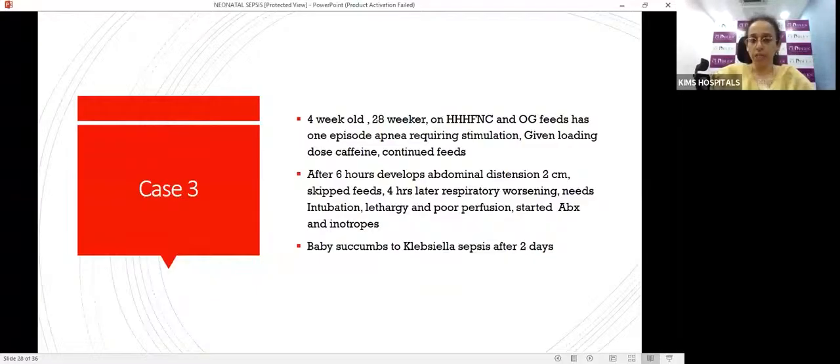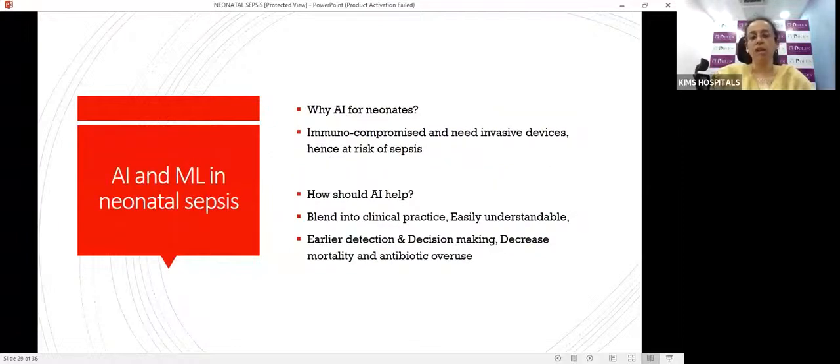Does artificial intelligence help us in any other way in earlier diagnosis of infection and give us any inputs in saving these babies? Yes. So why is artificial intelligence important for neonatal practice? Because neonates are very much immunocompromised when compared to adults, and they always have a lot of invasive devices when they are in the NICU, whether it be the endotracheal tube, peripherally inserted central catheters, or umbilical lines.